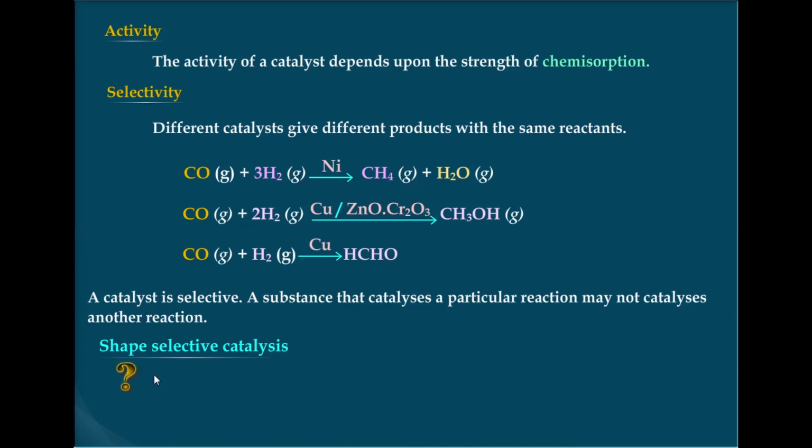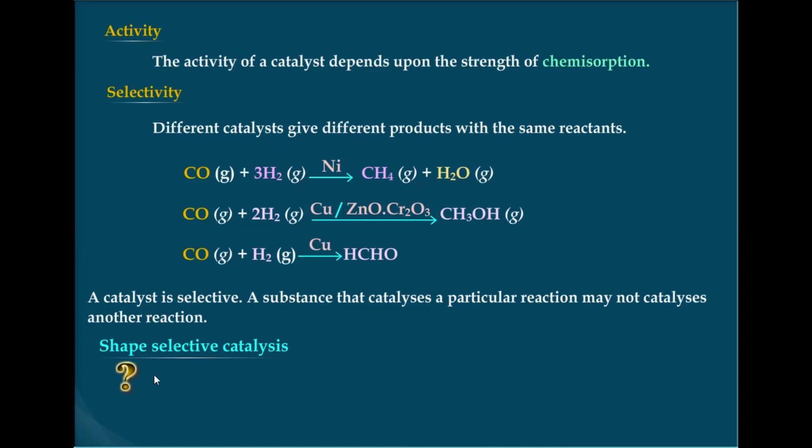The best example of shape selective catalysis is zeolites. What are zeolites? Zeolites are microporous aluminosilicates with a three-dimensional network of silicates in which some silicon atoms are replaced by aluminium atoms, giving an aluminium-oxygen-silicon bond framework.